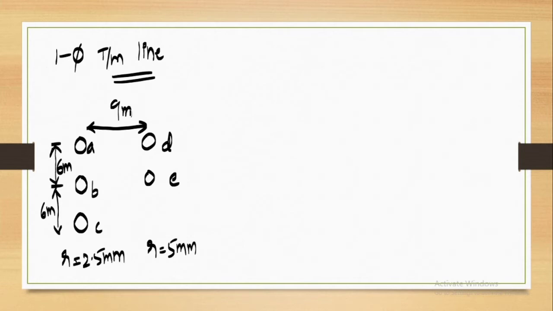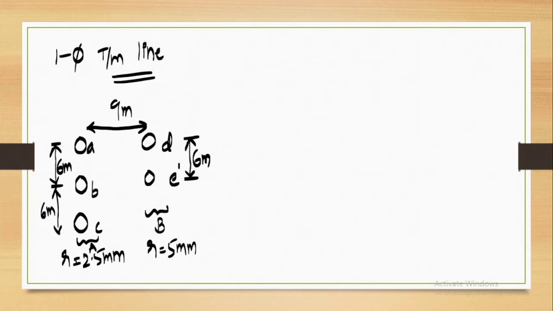And this distance is again given, but it is not actually necessary, it is given as 6 meters. So these are the distances between the conductors in the forward path as well as in the return path. Forward path is mentioned as capital A and the return path is mentioned as capital B. So this is like A side and this is like B side.